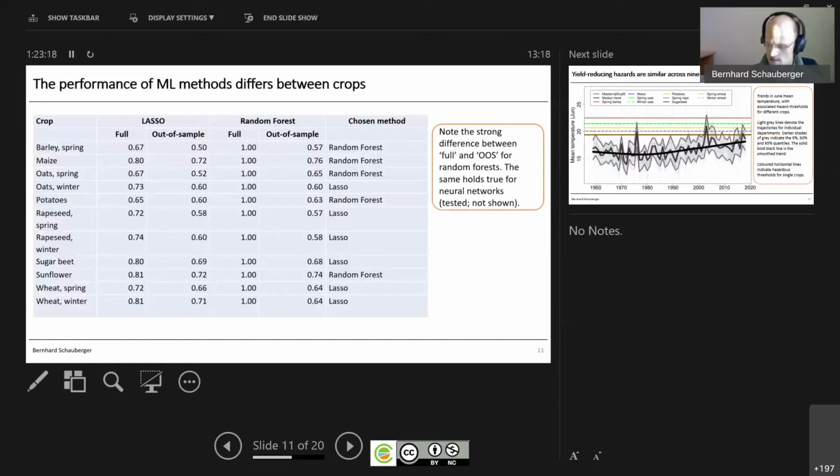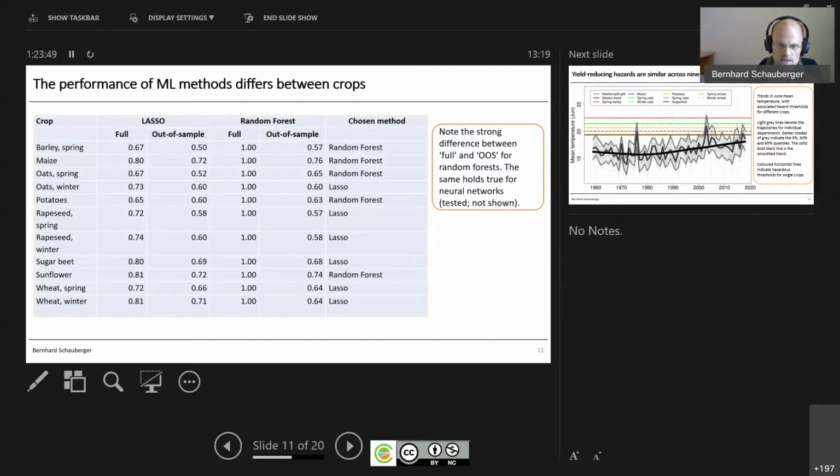So as Tom Henkel already pointed out, random forests are not necessarily better than linear models. And so that's a whole bunch of numbers in the table for all the 11 crops. And what we did is also the full model and the out of sample model. Especially for the random forests, we can already see that the out of sample validation is crucial, because when we supply the full data set to the random forest, we always get the perfect fit.